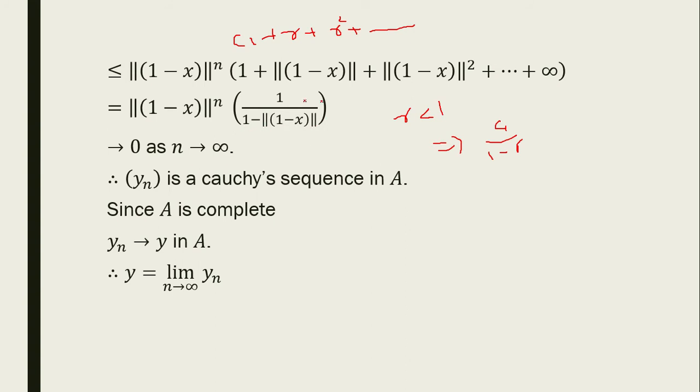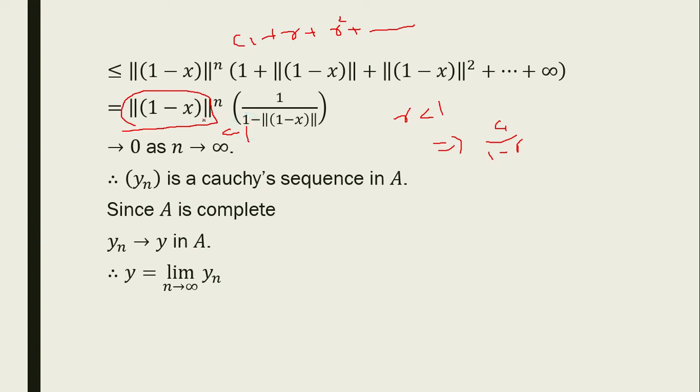Now as n tends to infinity, the value of norm (1 minus x) is less than 1, so this tends to 0.